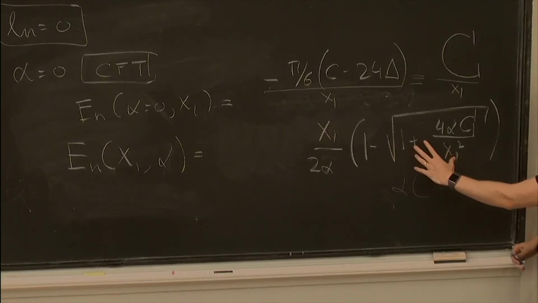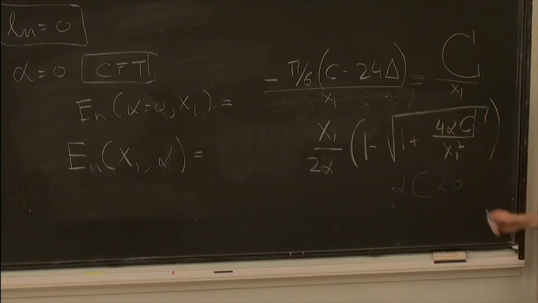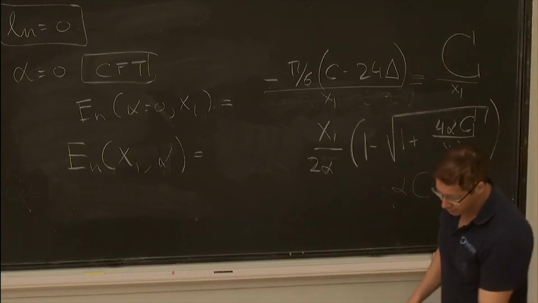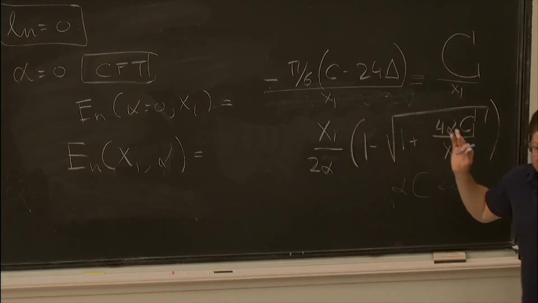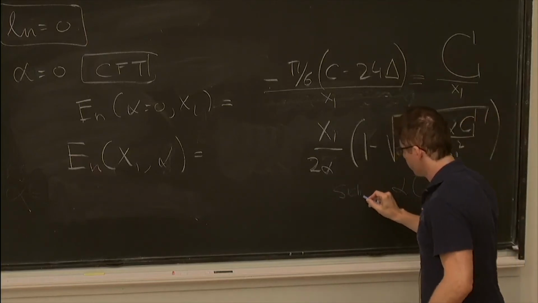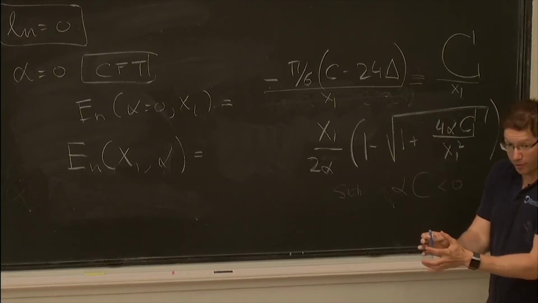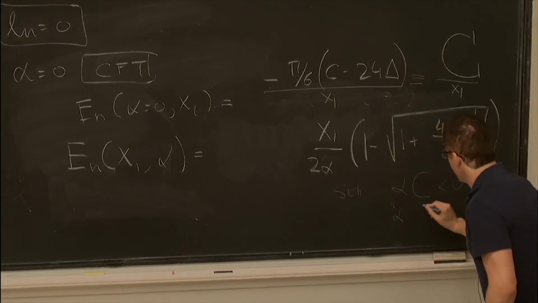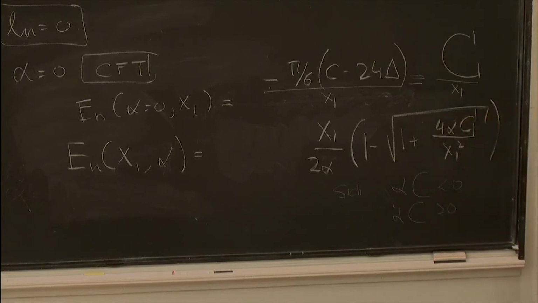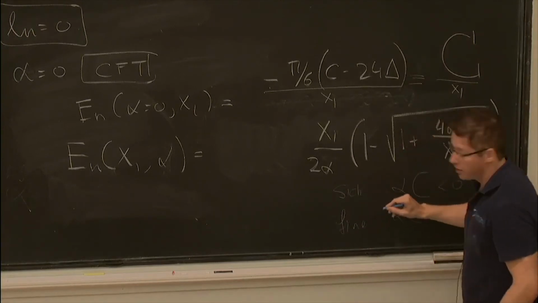This square root develops a branch singularity, and things become imaginary and break down for some sufficiently small circle size. So this theory seems to be genuinely sick in some sense, because on sufficiently small circles, of the order of magnitude of this irrelevant perturbation, you lose control, or the energies become imaginary. But if this is positive, everything seems to be fine. The energy levels are fine.